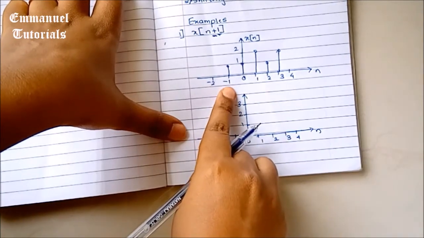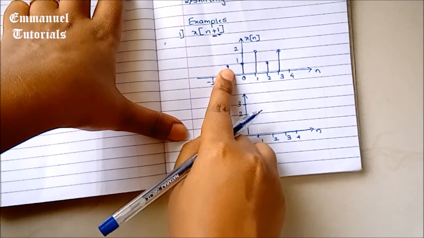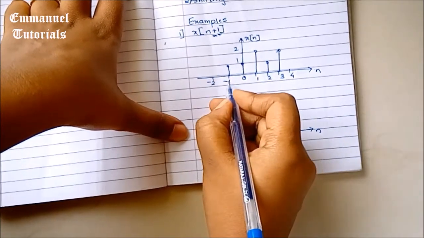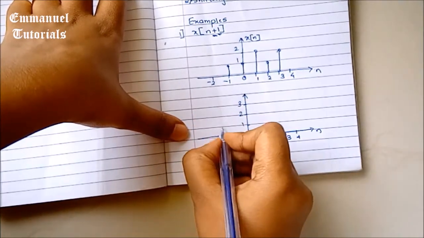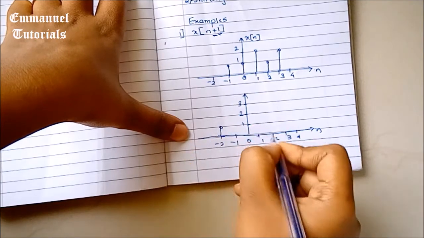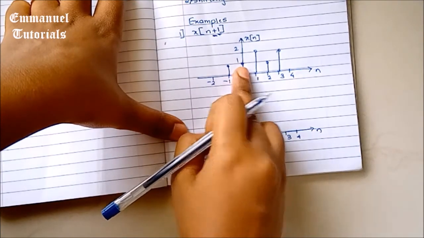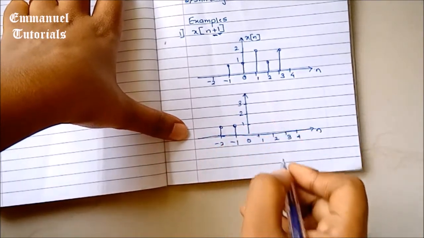Now, the first point on our signal is from -1. At -1, the amplitude is 1. So we'll draw this point at -2. And at 0, we have the amplitude as +1 again. So this will shift to -1 and the amplitude will be +1.